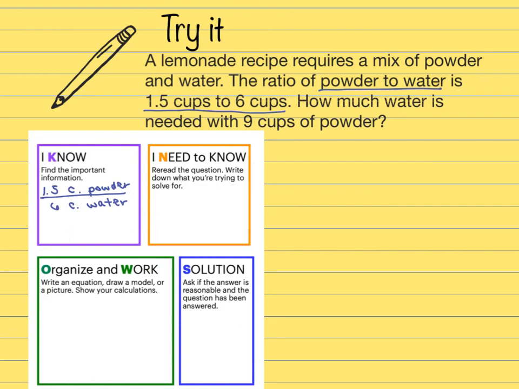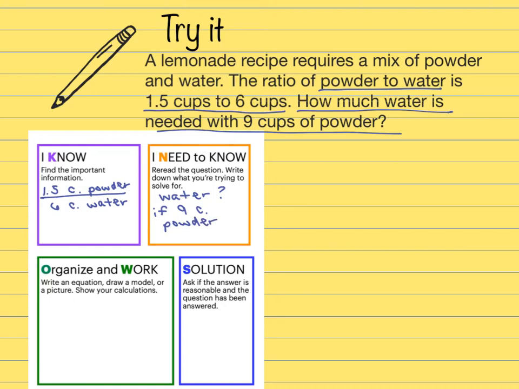Now, what are we trying to solve for? Our question asks how much water is needed with 9 cups of powder. So we want to know how much water is needed if we have 9 cups of powder.